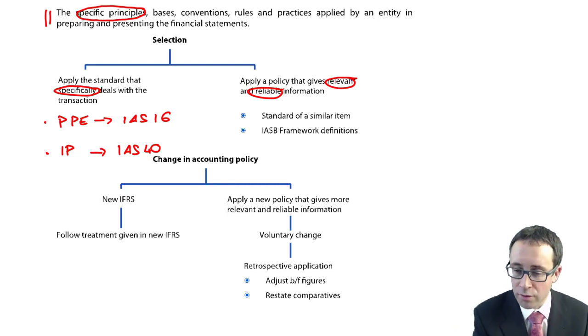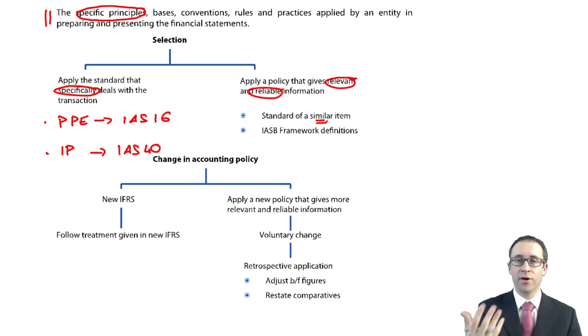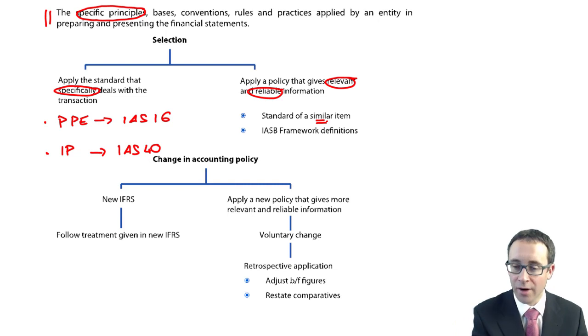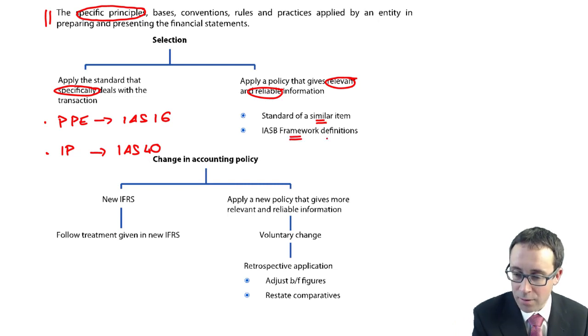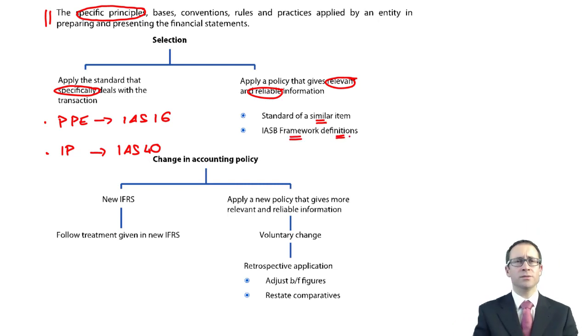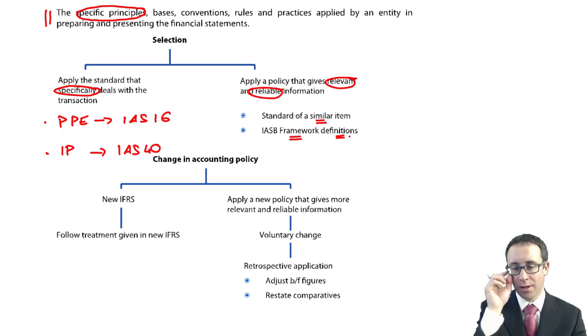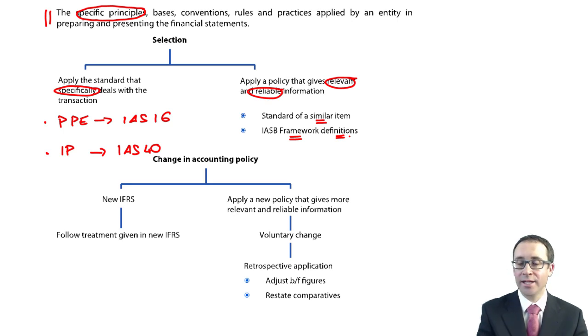So what you should do is take a similar item, and if there is no accounting standard for a similar item, then go back to the framework definitions, to make sure that everything is consistent. If you then have a change in the accounting policy, it could be because of a new IFRS.